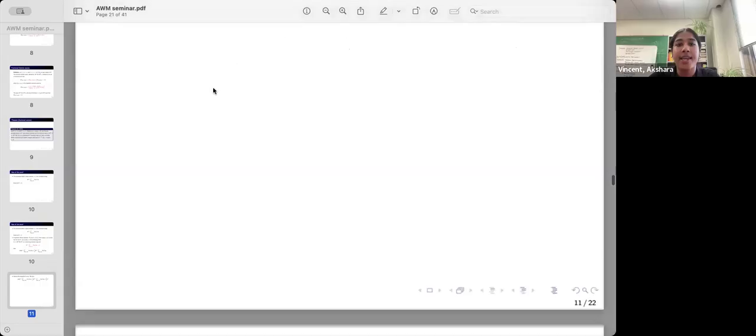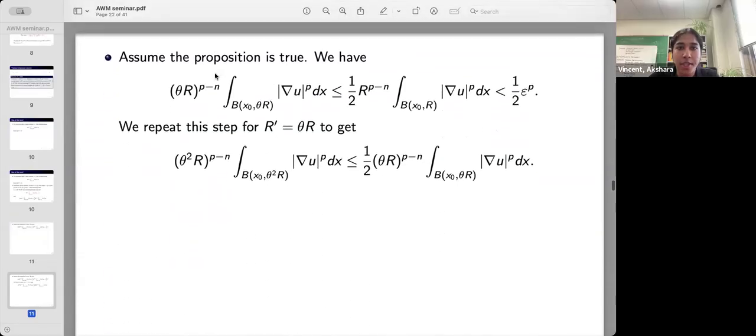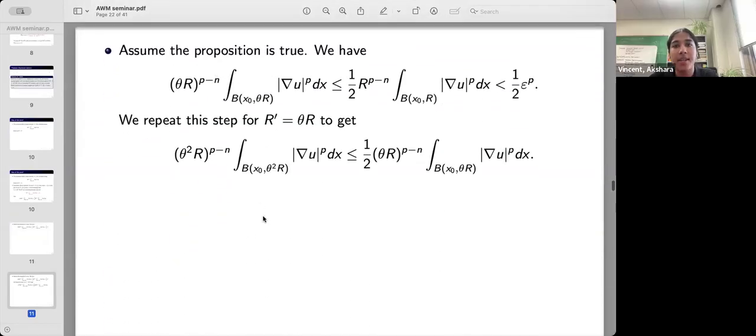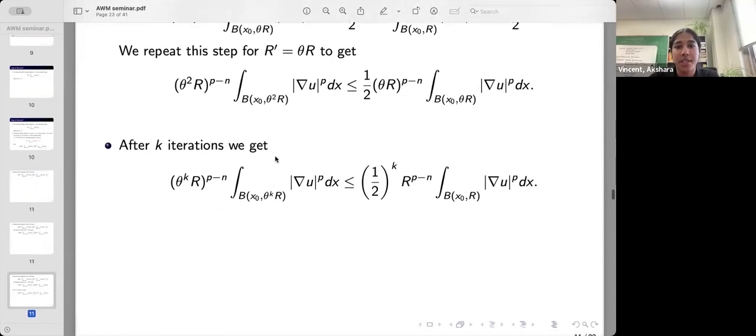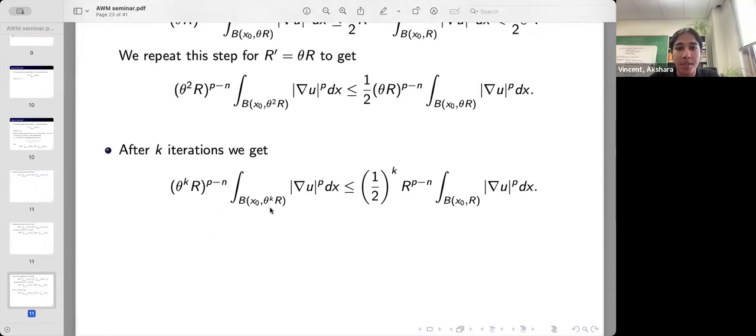You can take the new radius as theta r and repeat this procedure to get a bound on the radius theta squared r. After k iterations, you can see the normalized energy on the ball with radius theta to the power k r is bounded above. So we can reduce the normalized energy on smaller and smaller balls.